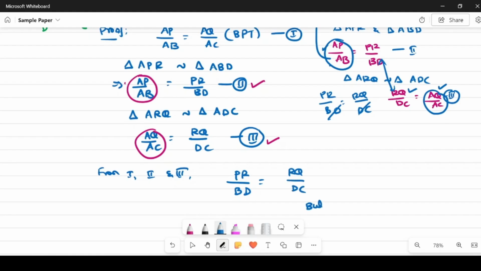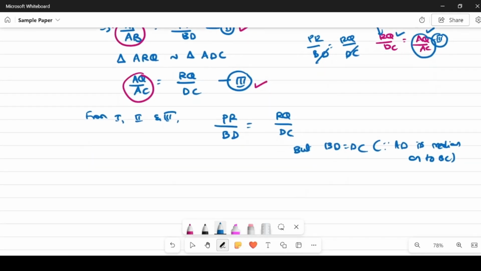But BD is equal to DC since AD is median onto BC. Therefore, PR is equal to RQ. It implies AD bisects PQ. Hence proved.